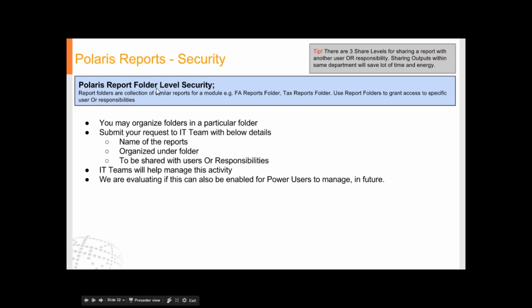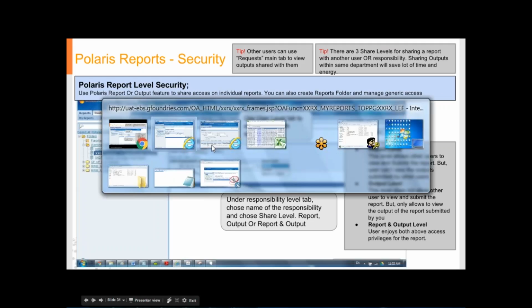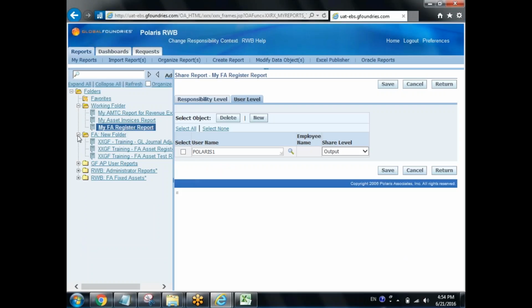Now, Polaris report folder level. Remember, you are granting access to a specific group of people and a specific set of users here.